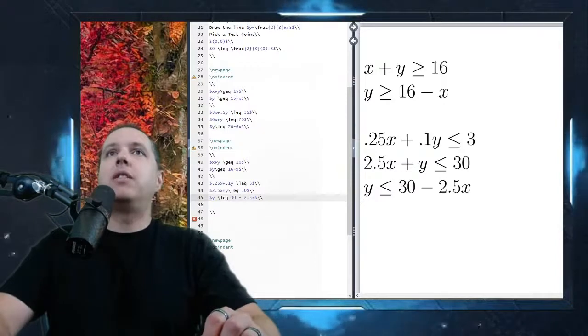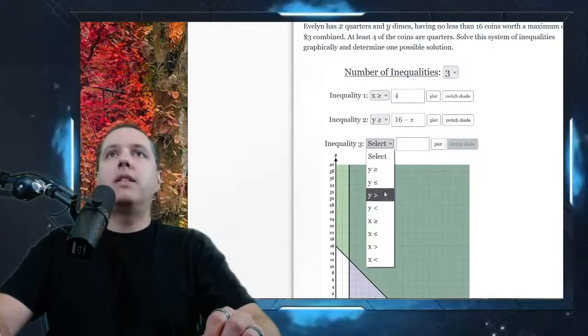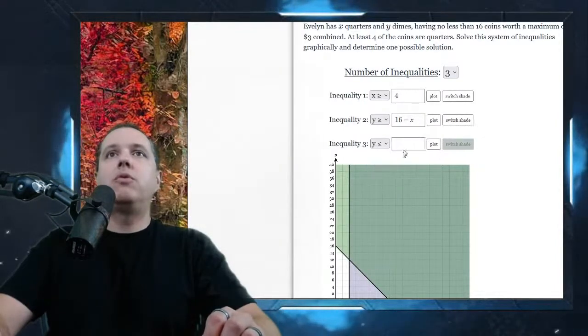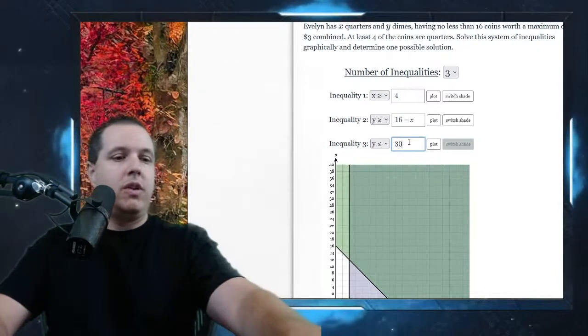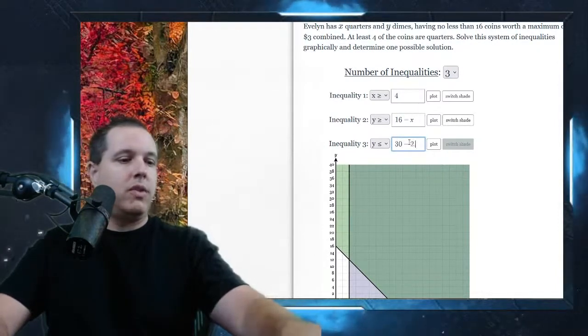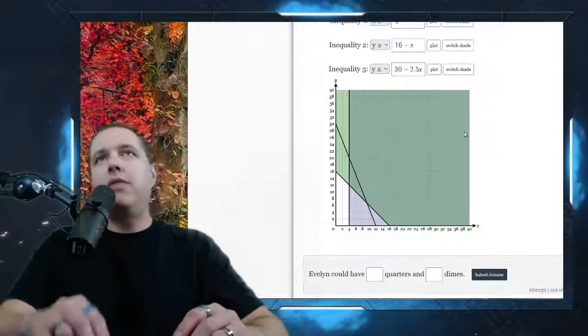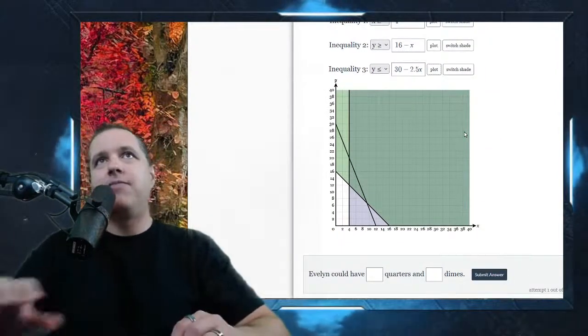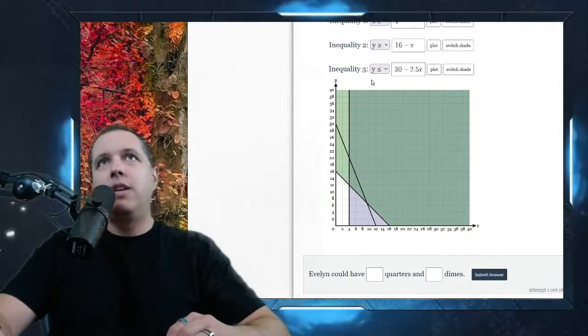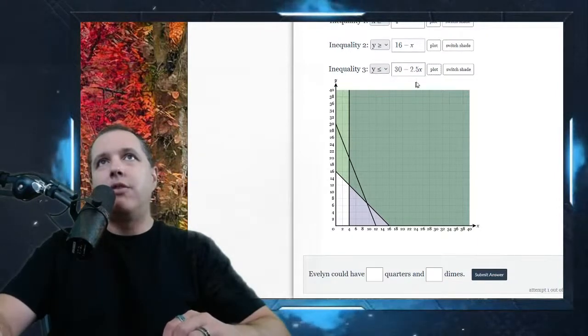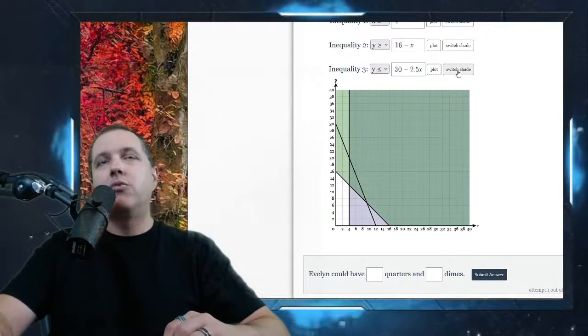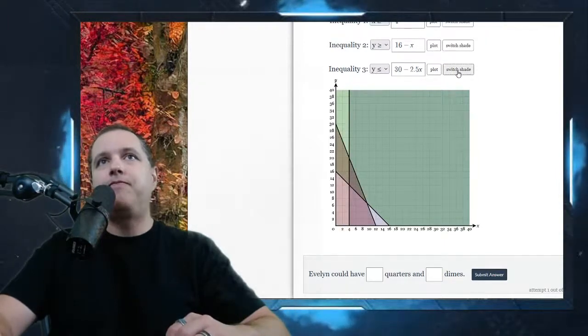So let's put that one in there. So y is less than or equal to 30 minus 2.5x. Plot that. And then now we have to figure out which side to shade that on. What if we plug in 0, 0? Is 0 less than or equal to 30 minus 0? Yeah. So we're going to shade that side.